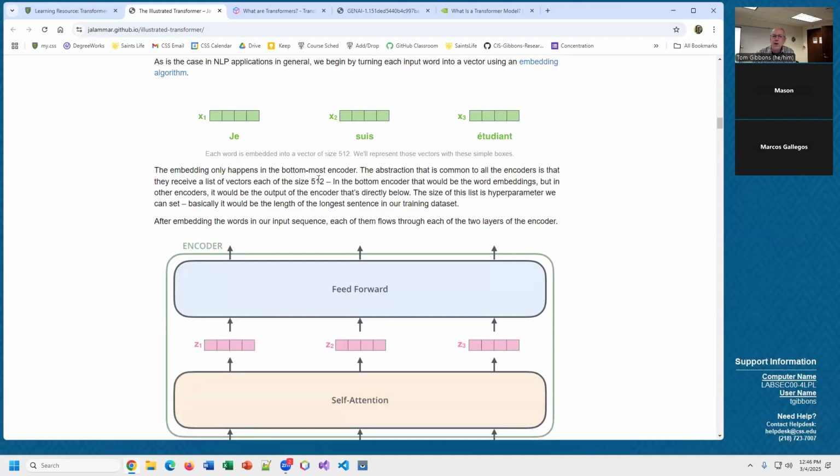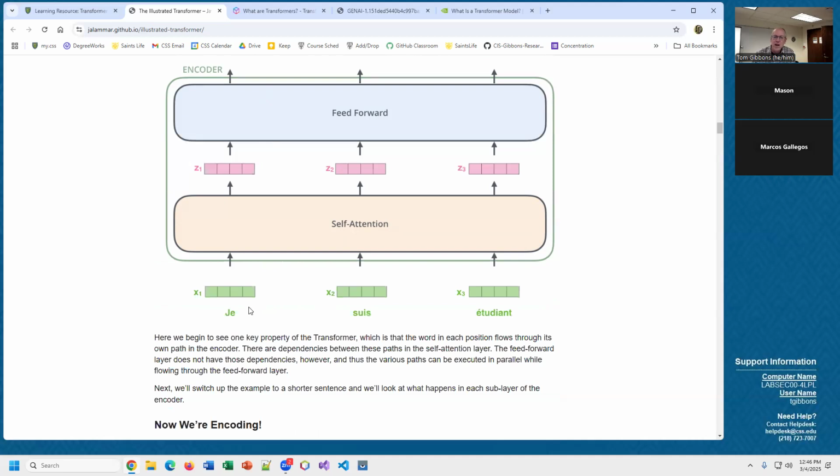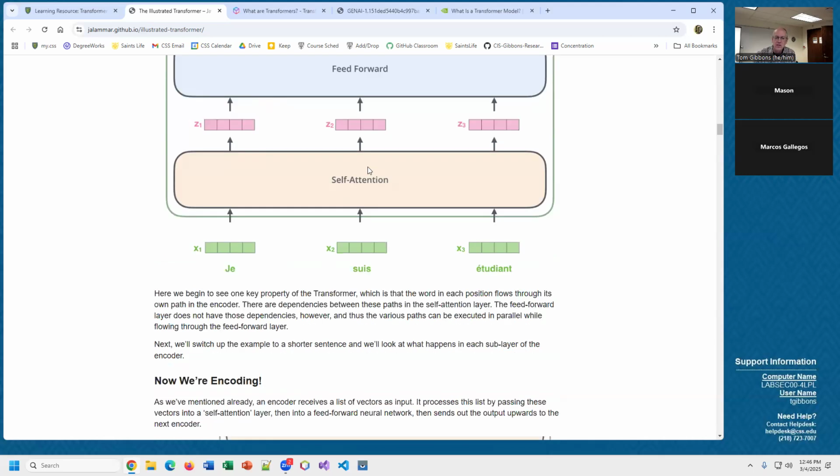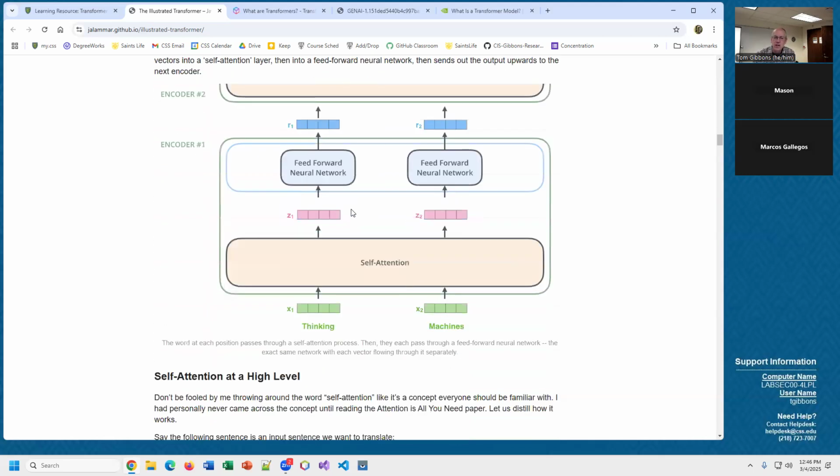Oh, no, that was wrong. Our vector size is 512. So every word is represented by a vector of 512 different features. We're feeding in each of these vectors, generating a vector, and feeding that on. So we're keeping these long vectors as we go through this.